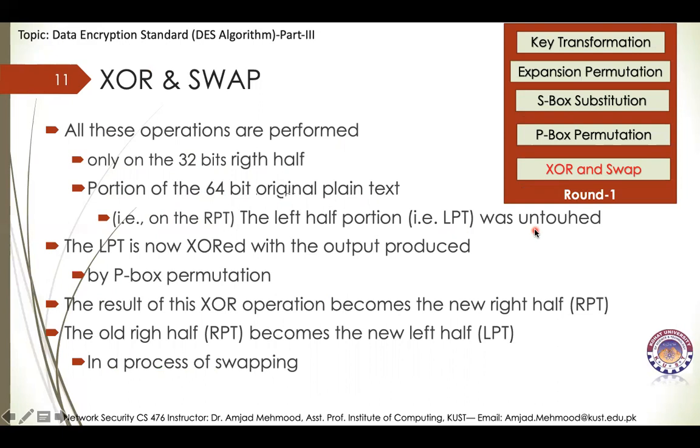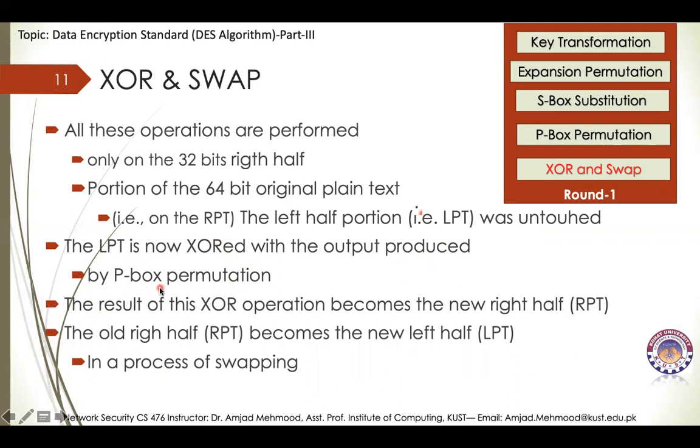I think you know this from the Feistel block structure, which we have studied in our previous lectures. As DES is based on the Feistel block structure, in that model the left half was untouched. Similarly, the left half portion of the left plain text was untouched. The left plain text is now XORed with the output produced by the P-box permutation.